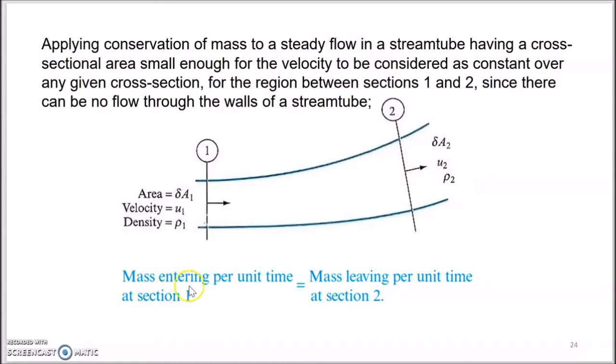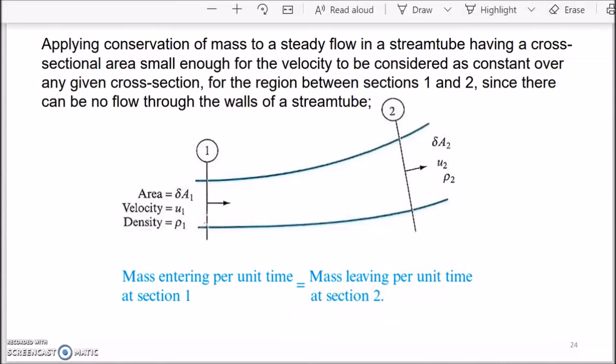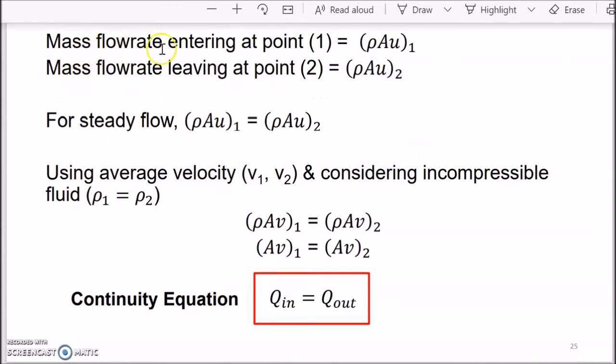So the mass entering per unit time at section 1 equals the mass leaving per unit time at section 2. The mass flow rate entering at point 1 equals ρ times area times velocity at point 1, and the mass leaving at point 2 equals ρ times area at 2 times velocity at 2. Therefore, for steady flow, the mass entering the control volume equals the mass leaving.